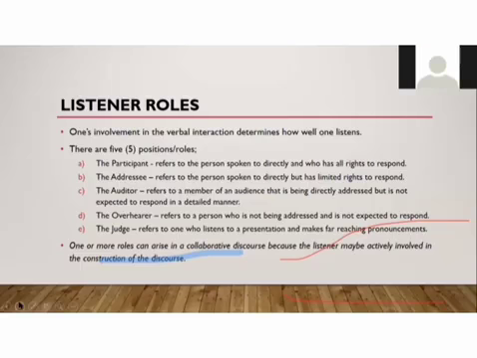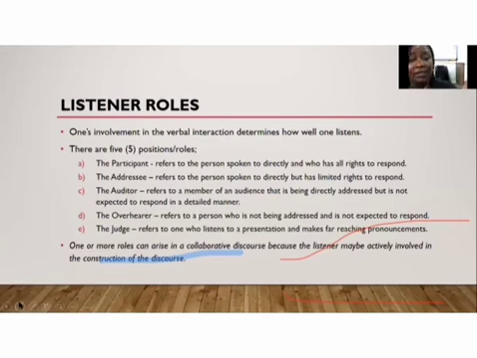And the fifth role, or the last position, is that of the judge. The listener who takes on this role as a judge is one who listens to presentations, and at the end of those presentations is expected to make far-reaching pronouncements.